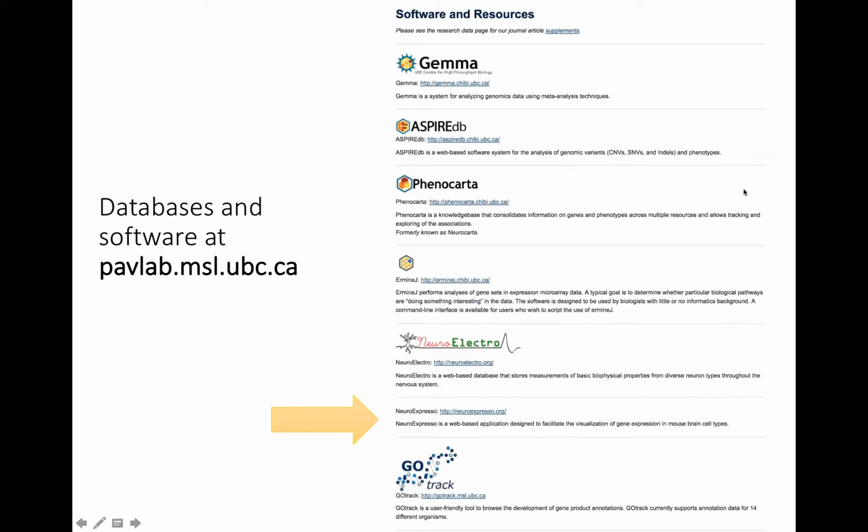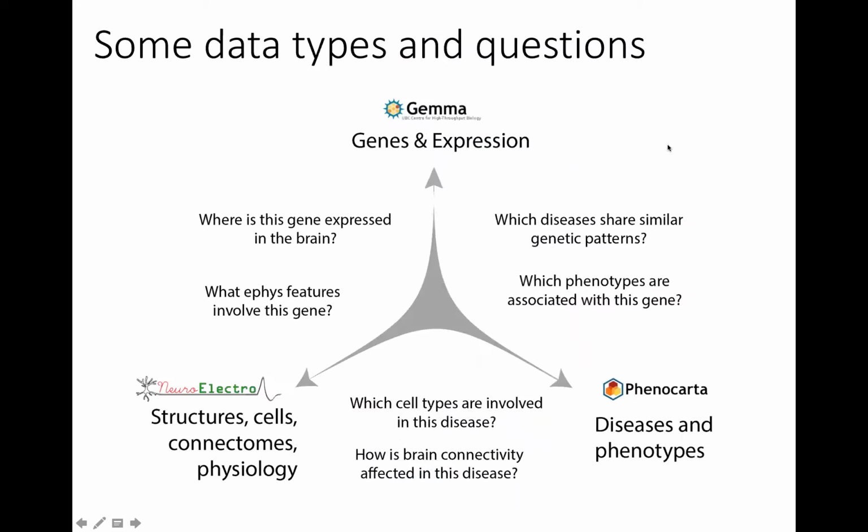So just to give a couple of examples, we'll be talking about NeuroExpresso, and just to connect things together to the first slide where I talked about integrating things across levels, one reason we collect all these different types of data and try to integrate them is so that we can answer questions that come up a lot in neuroscience research. So if you have a gene, you want to know where it is expressed in the brain.